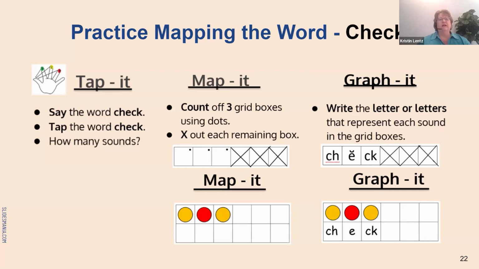And as a matter of fact, some of the documents that I've included along with the copy of the slide presentation today, I'll show you at the end, have some different examples of ways to map words. And you can even eventually move to having students write out words by syllables rather than individual sounds. So that's another example.